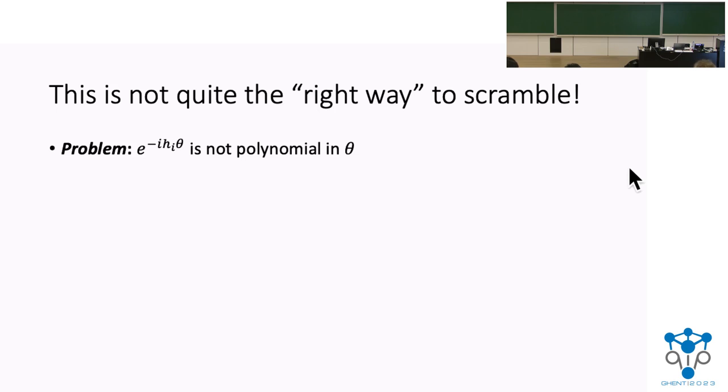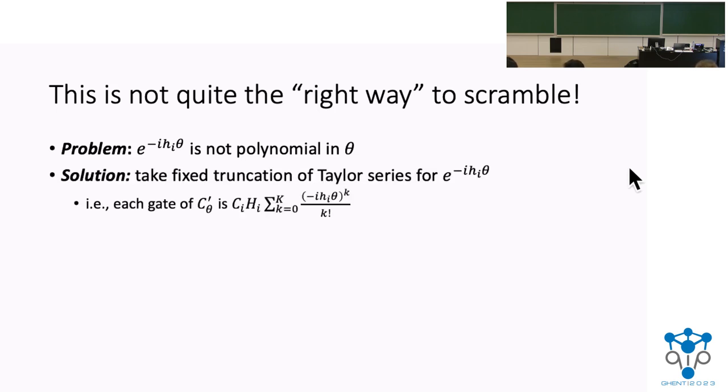It's just not. And so the solution that we proposed, which actually causes a lot of issues down the road, but I think it makes sense from the point of view of what we're trying to do here to get a polynomial, is to take the fixed degree Taylor series truncation of e to the minus i little hi theta.